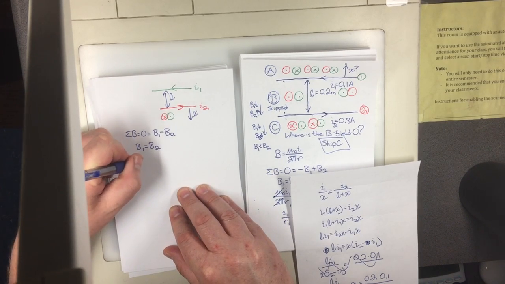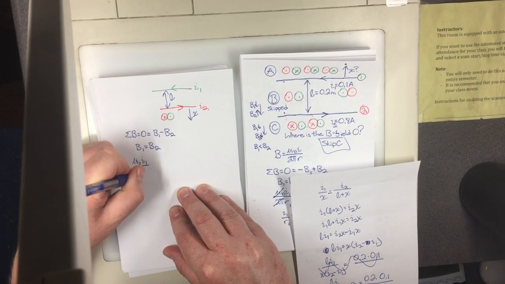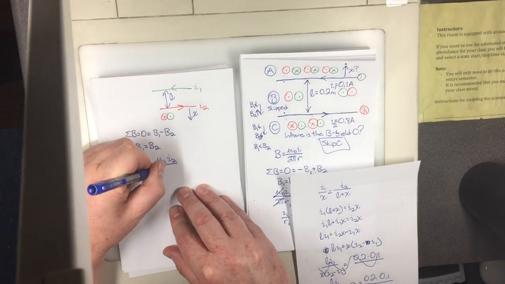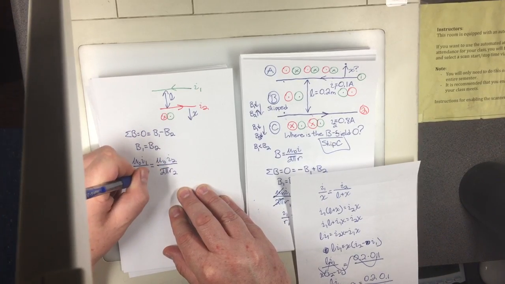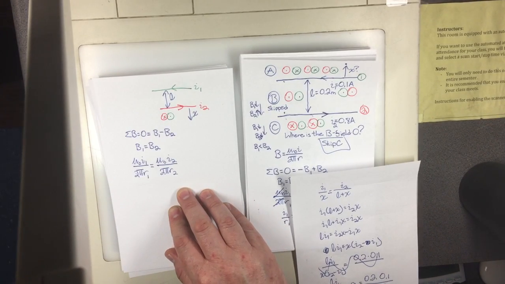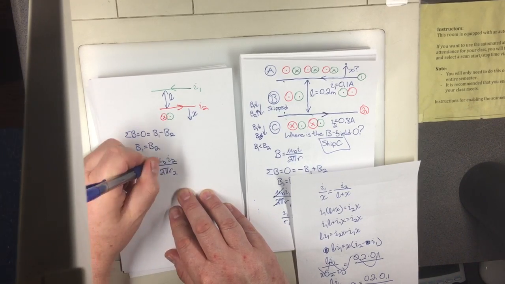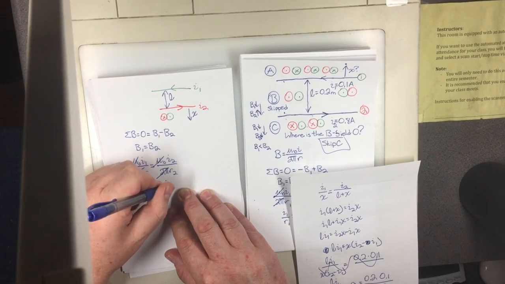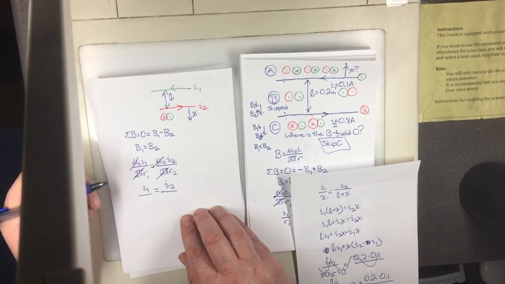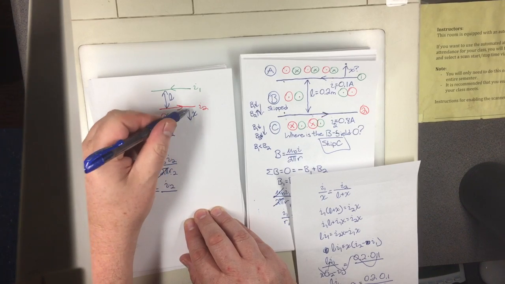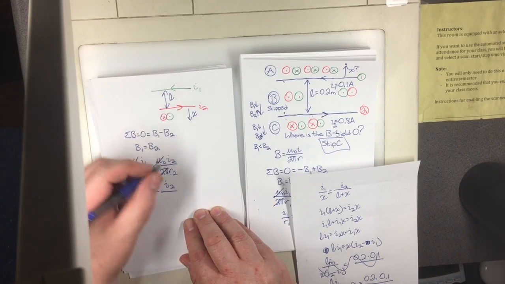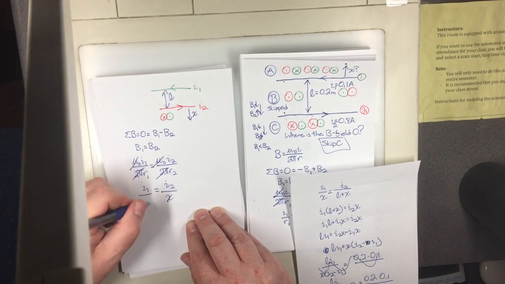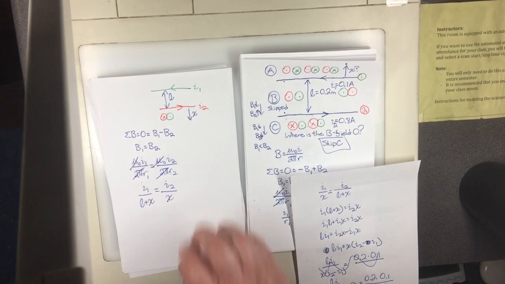B1, mu naught I1 over 2 pi R1, equals mu naught I2 over 2 pi R2. Those cancel again. I1 over R1 equals I2 over R2. In this particular case, R2 is X. The distance from that wire down is X. The distance from I1 down is L plus X.